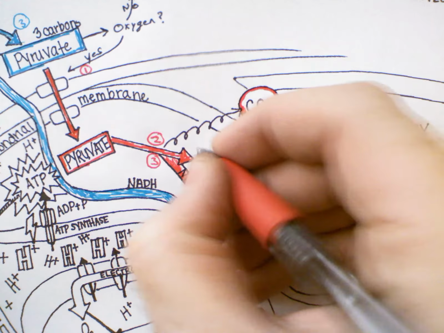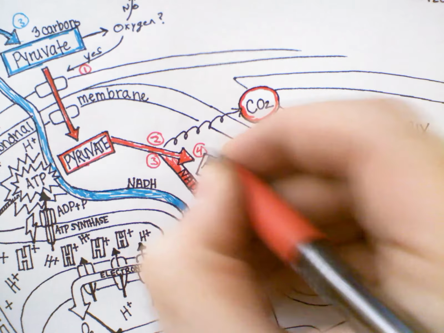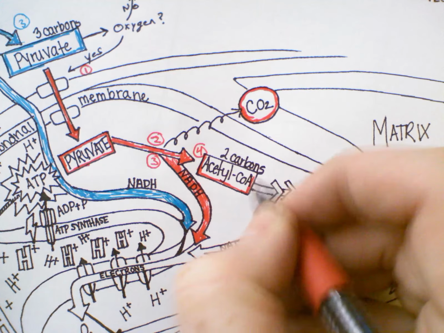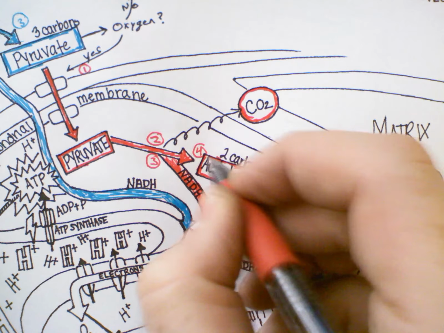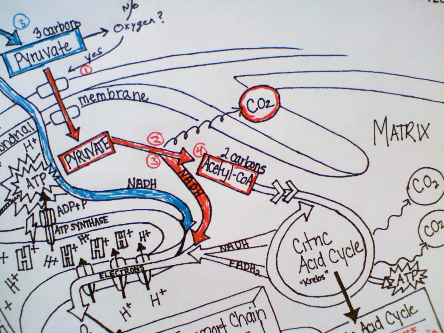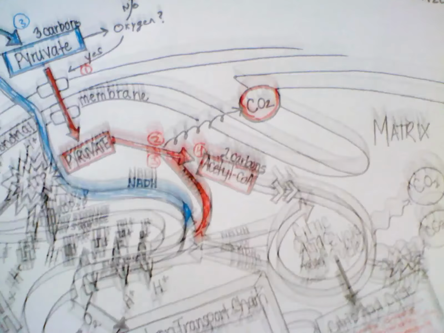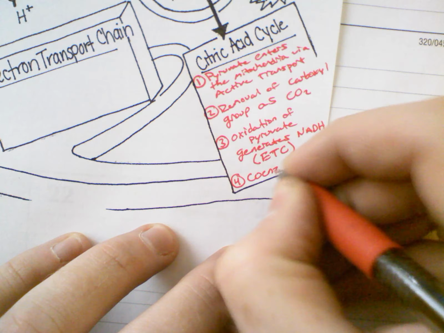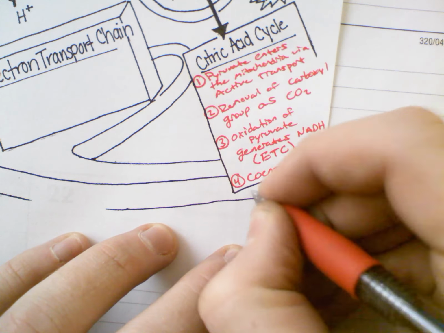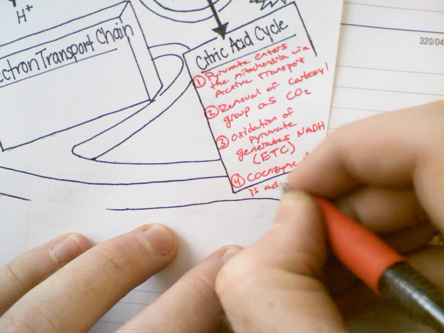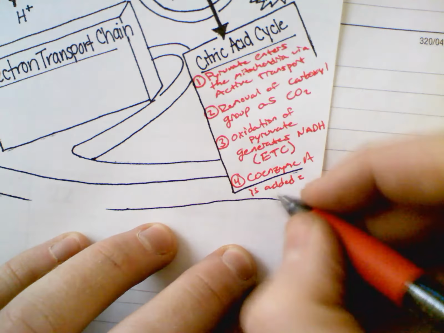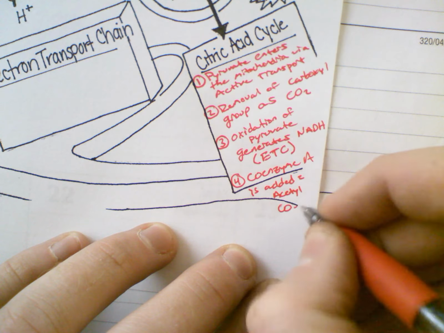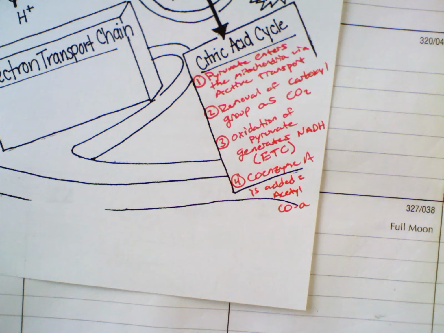So, step 4. Coenzyme A is added, which then equals acetyl coenzyme A. A bunch of words.